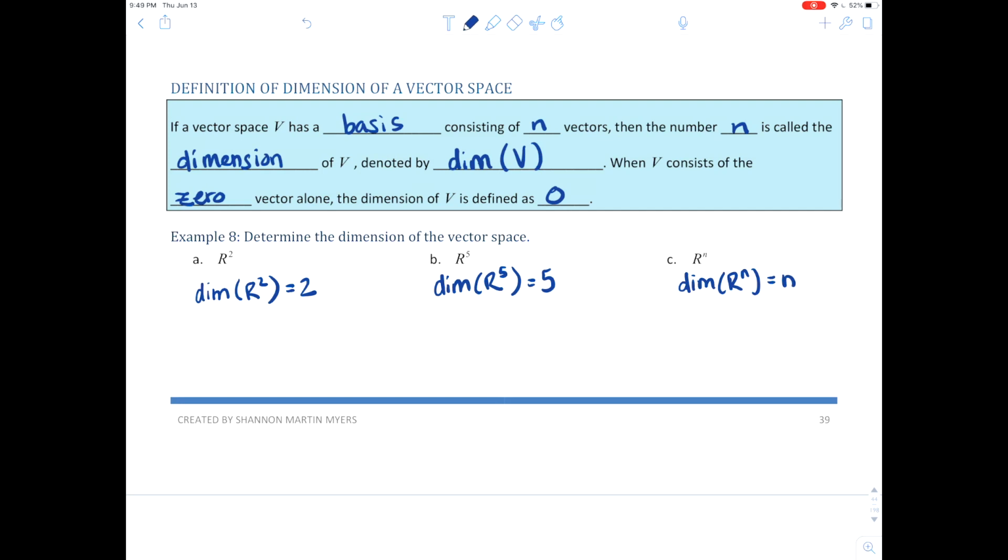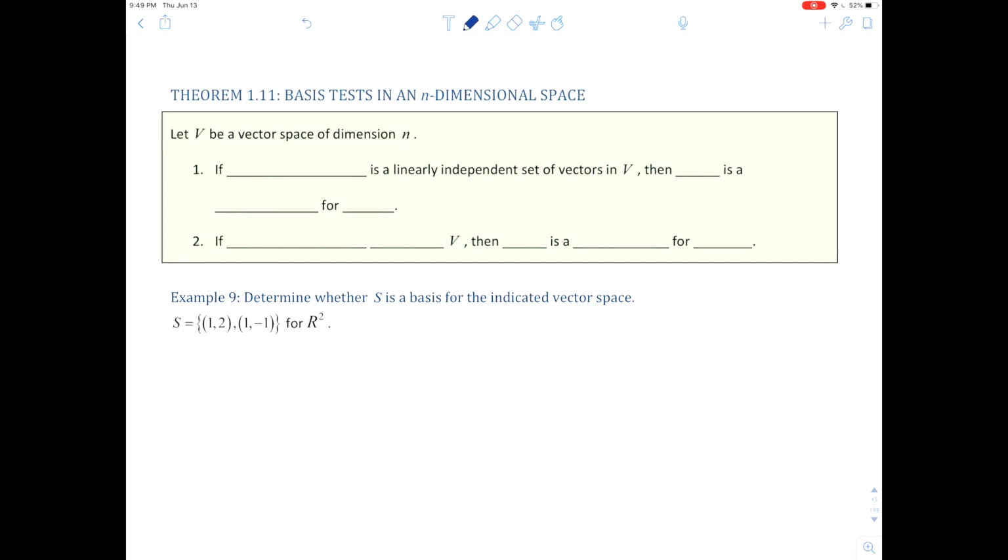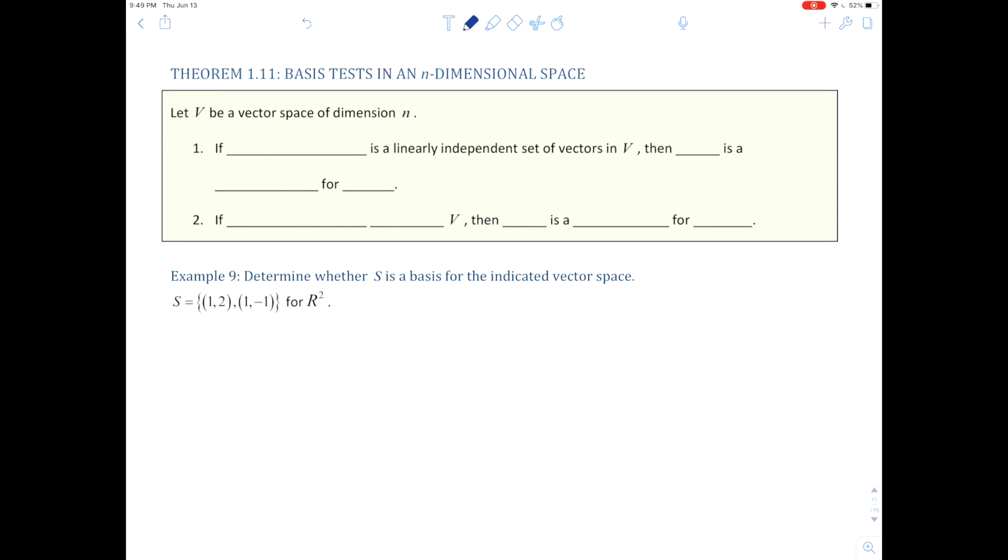Cool, cool? All right. Basis tests in an n-dimensional space. So let V be a vector space of dimension n. If S is equal to the set V1, V2, all the way down to Vn, is a linearly independent set of vectors in V, then S is a basis for V. Cool, cool?